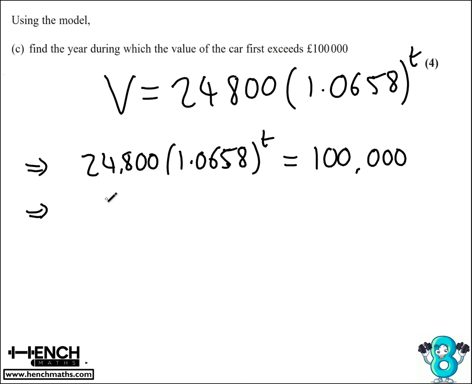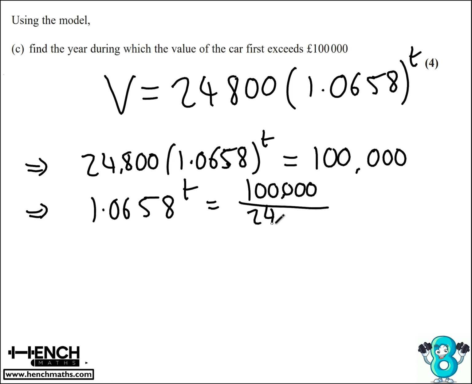So let's rearrange that. 1.0658 to the power of t will be 100,000 divided by 24,800. And so we're going to have to use logarithms. So t will be equal to log, with base 1.0658, of this.